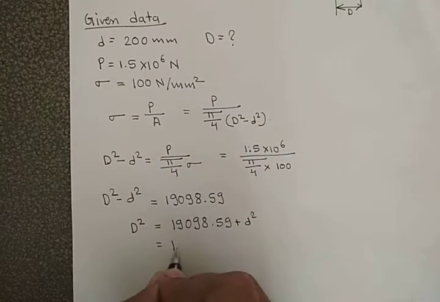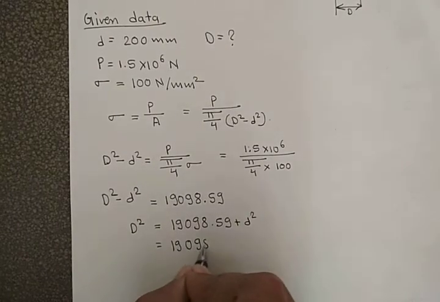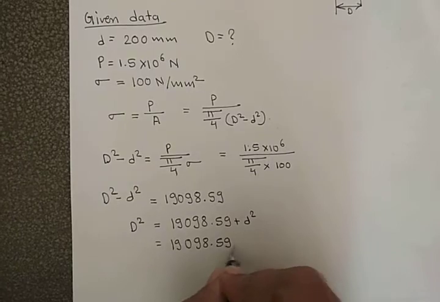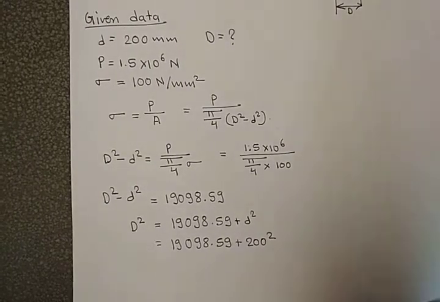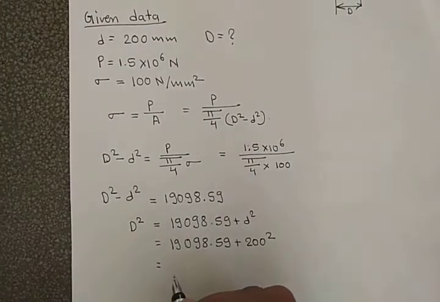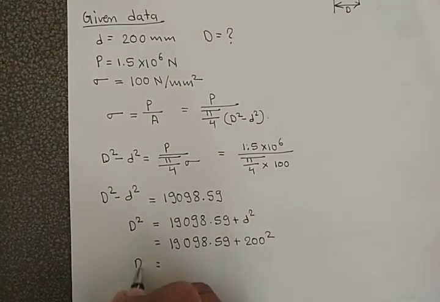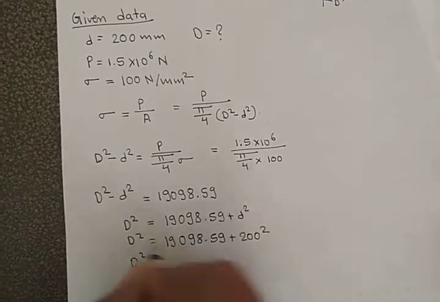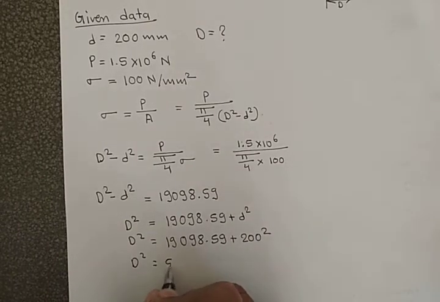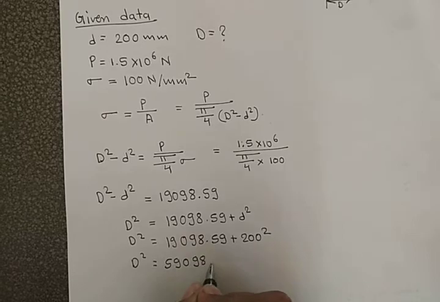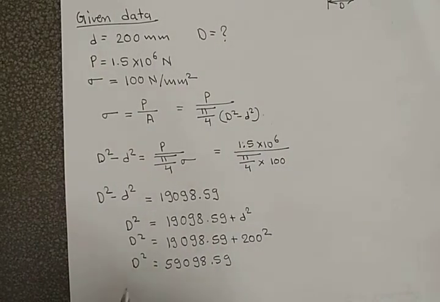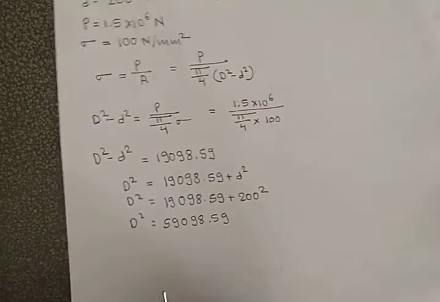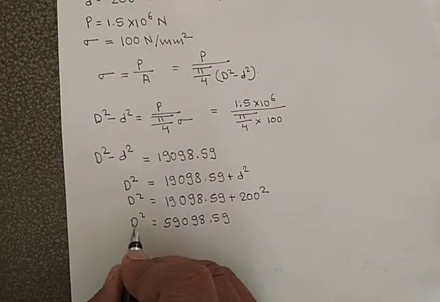What is the value of that? That is 200 square. Solving this, we will get D square is equal to 59098.59.